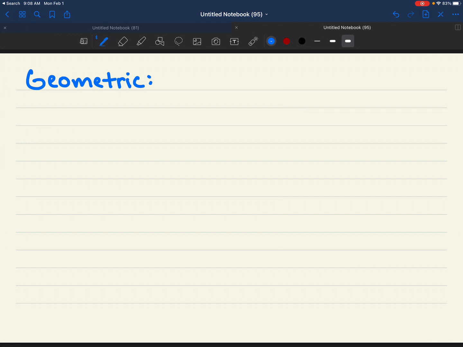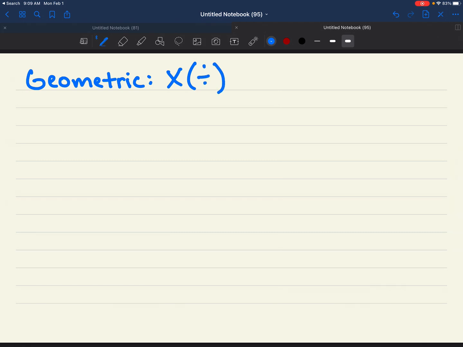Okay. So for arithmetic, we talked about you have to add or subtract the same number every time. Can anybody tell me what geometric sequences would show? Well, if arithmetic is addition and subtraction, geometric would be, technically, just multiplication.